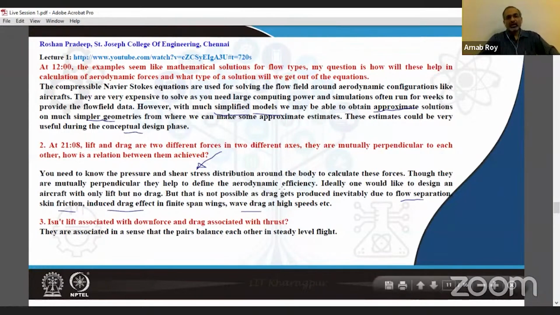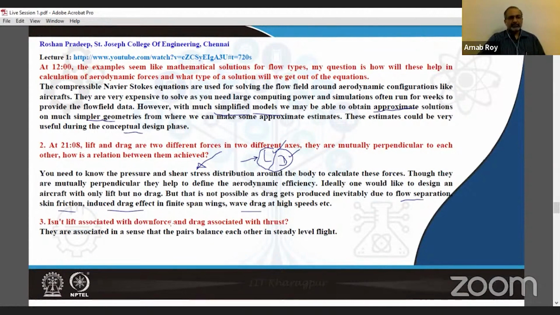So those are the penalties that we end up paying. And then finally, the L by D ratio, which is the most relevant ratio in terms of aerodynamic efficiency, does get compromised. But we have to keep our eyes open to this factor, as long as we keep doing aerodynamics.